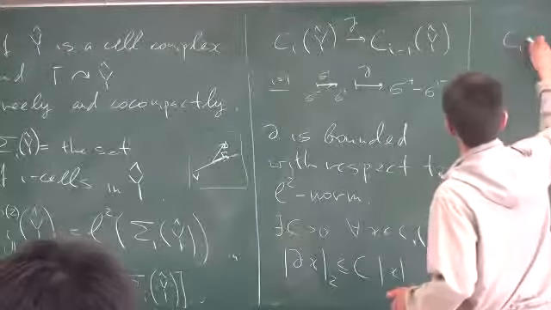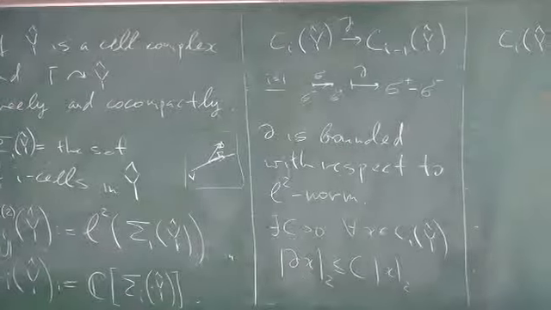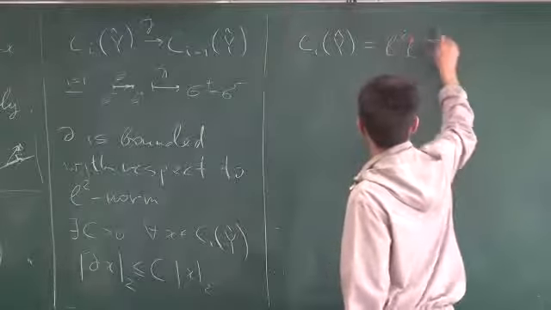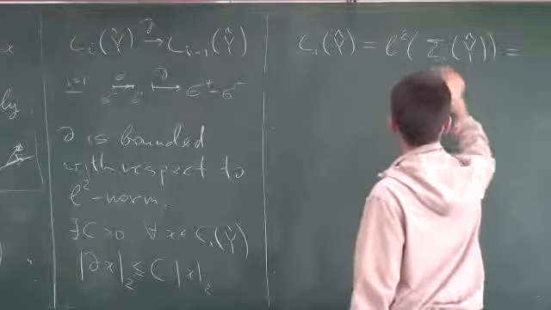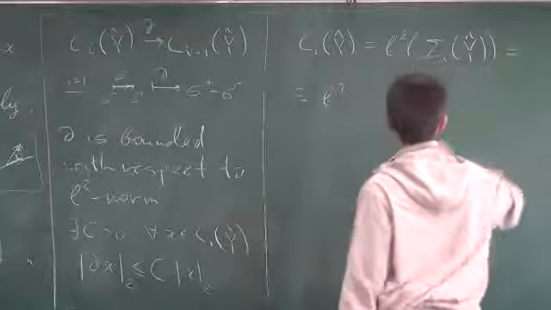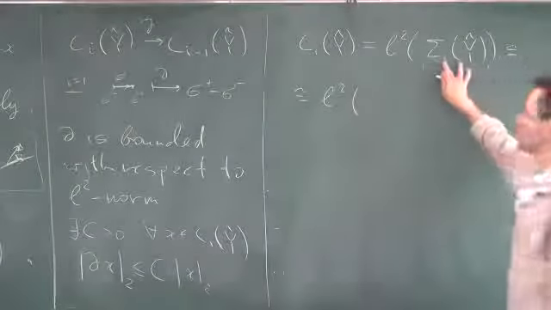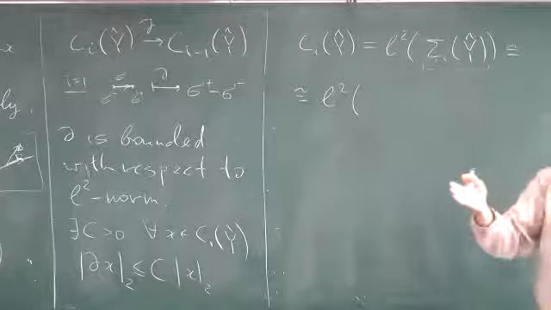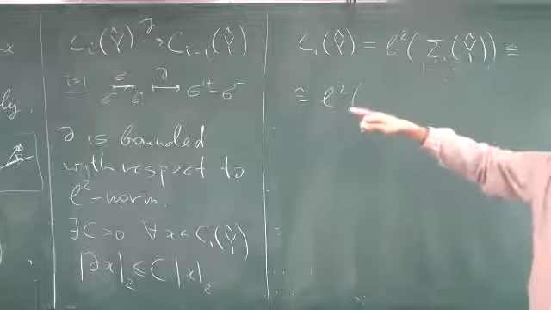The trick is, what is C_i of Y hat? This is L2 of the set of i-dimensional cells of Y hat. But what is this set? It is split into orbits. We have an action of the group. This set is a disjoint union of Gamma orbits, but each Gamma orbit is a copy of the group because we assume that the action is free.